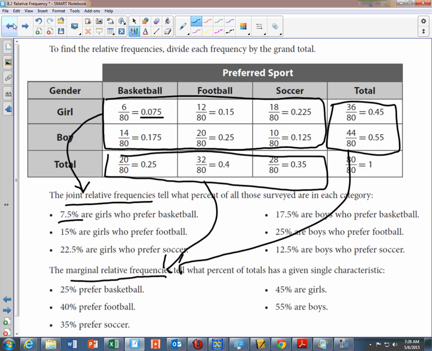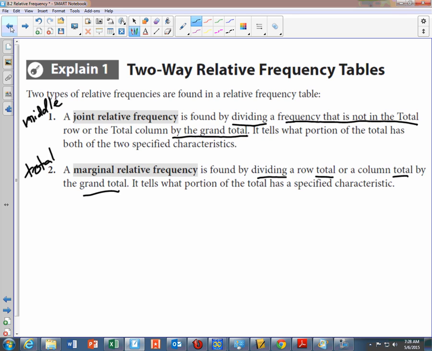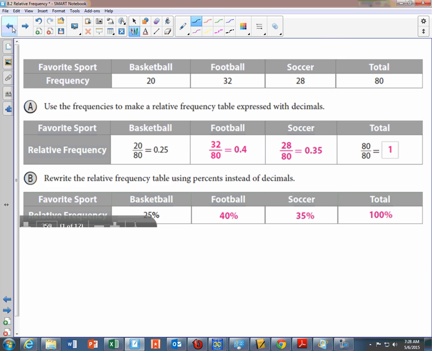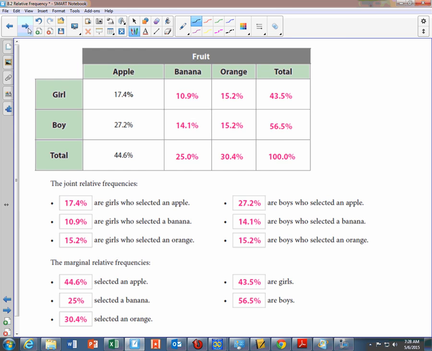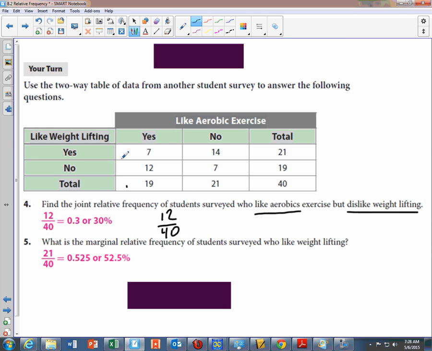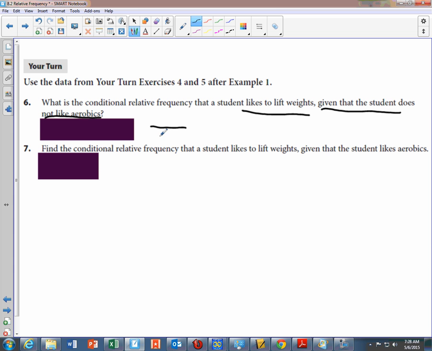Let's go find that table. It's back here a ways. Did I go past it? Yes, I did. It's hard to find this when I go back and forth. All right. We're looking for students that don't like aerobics. How many students don't like aerobics? Well, there's 21 in total. Okay. So we know on the bottom it's 21. Again, that table's on 362 if that makes it easier for you.